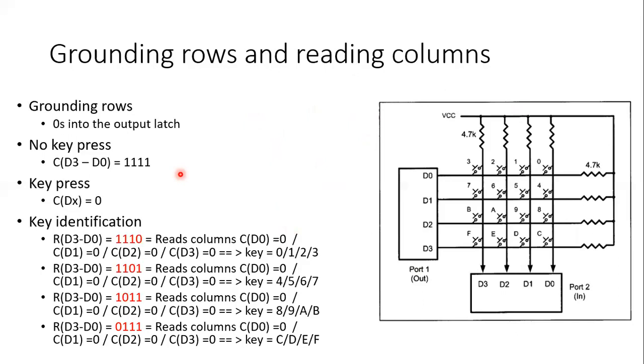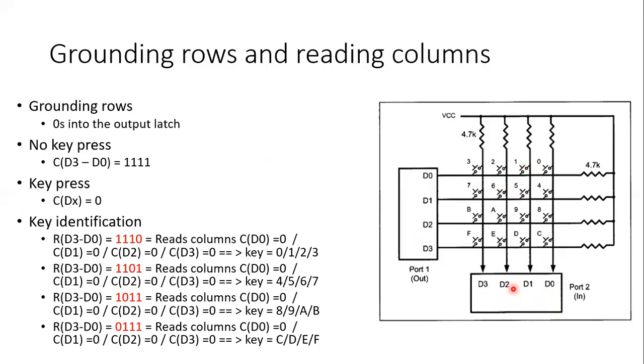How to read the column and how to set the values for the rows in order to identify the corresponding key: once again, initially we set all the rows to the value 0. Then we read the columns. If all the columns are returning logic value 1, it means that there is no key press. Got it? Then if any of the columns gives a value of 0, that indicates that a key is pressed.